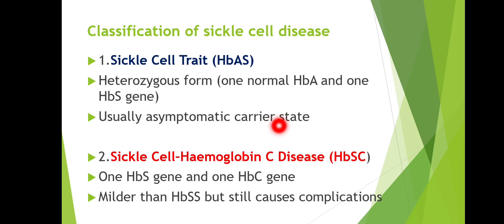How about the second one, sickle cell hemoglobin C disease? Let's focus mostly on the genotype. In sickle cell trait, we have one normal hemoglobin and one that is not normal. In sickle cell hemoglobin C disease, we have one that is sickle shaped and the other one is hemoglobin C. It is milder than sickle cell anemia, because HbSS is the sickle cell patient.